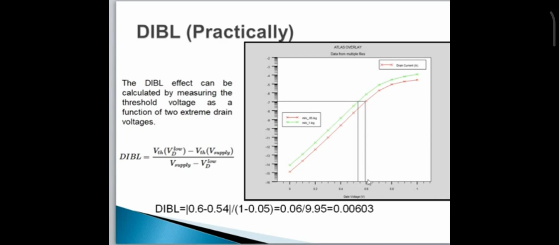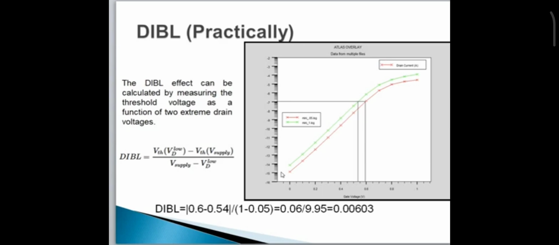When the VDS voltage is increased to the supply voltage of 1 volt, the threshold voltage is reduced to 0.54 volt. This is for example purposes. By mathematical formula, DIBL is found by the threshold voltage at the lower VDS minus the threshold voltage at the higher VDS, divided by the higher VDS voltage minus the lower VDS voltage.